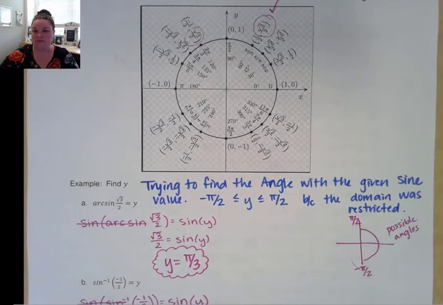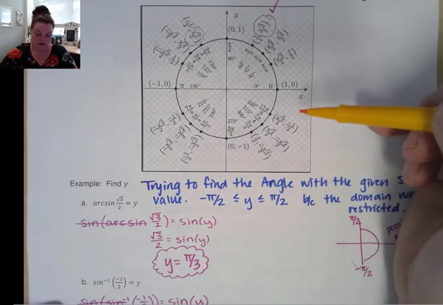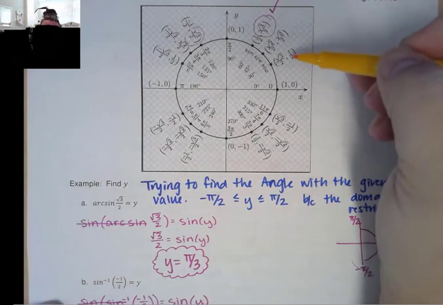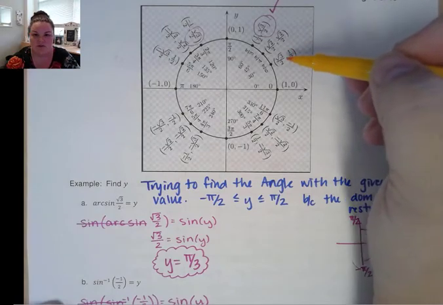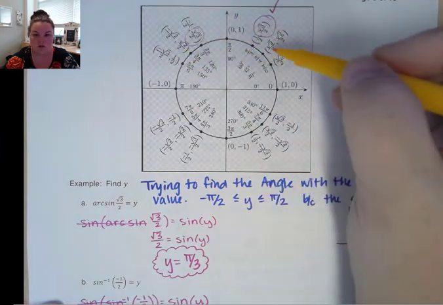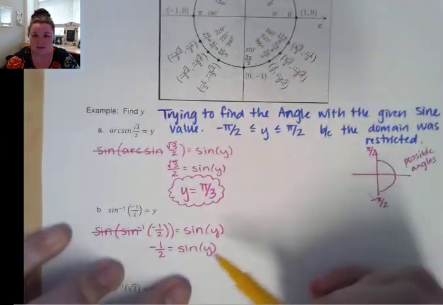Okay, so we're looking for a -1/2 for a sine value. So let's go back up here and look for a -1/2. So I'm going to use a different color just because we're on a different problem. All right, so -1/2 is a sine value. Well, sine values we know are corresponding to the y values, right? So in these two quadrants, all of our sine values are going to be positive.